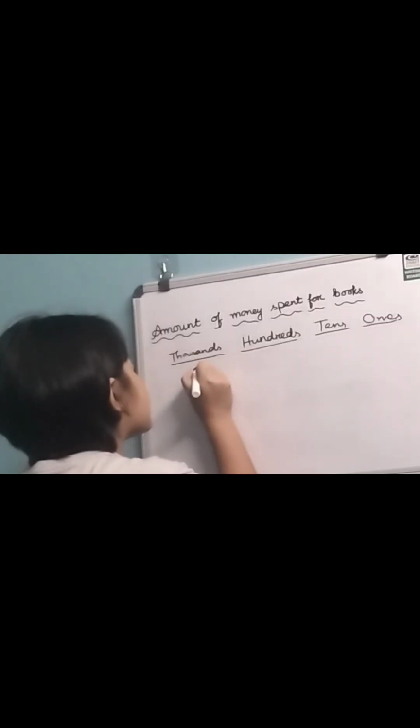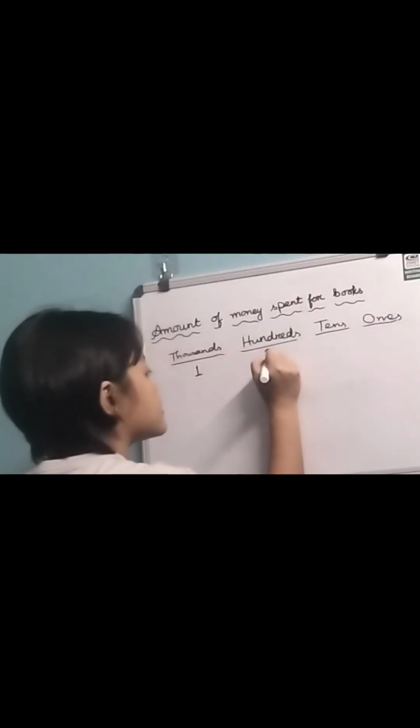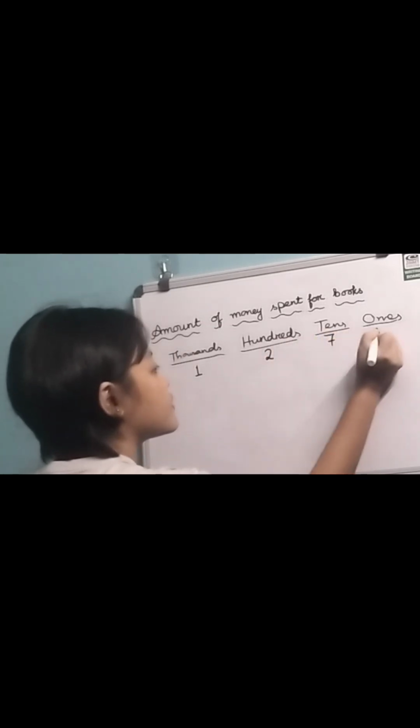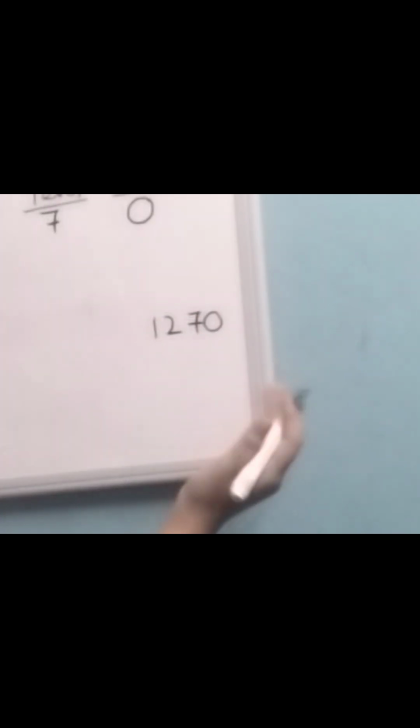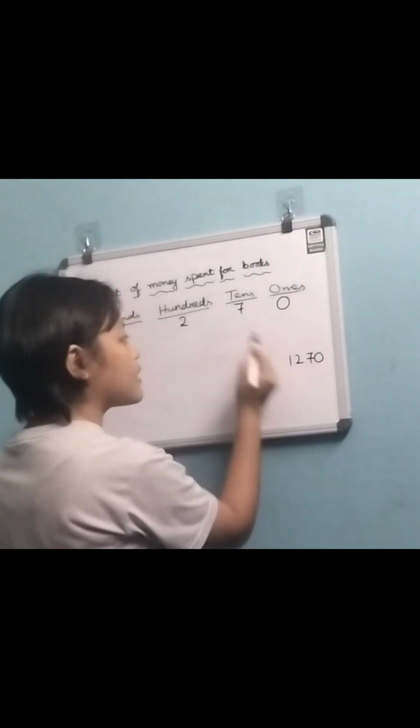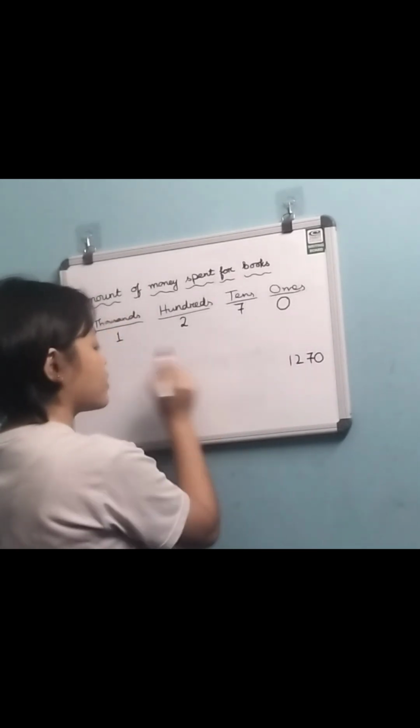So let's write it, 1,270. If the number is 1,270, you have to start writing from the right hand side. First you have to write this 0, then this 7, then this 2, then this 1. Ones, tens, hundreds and thousands.